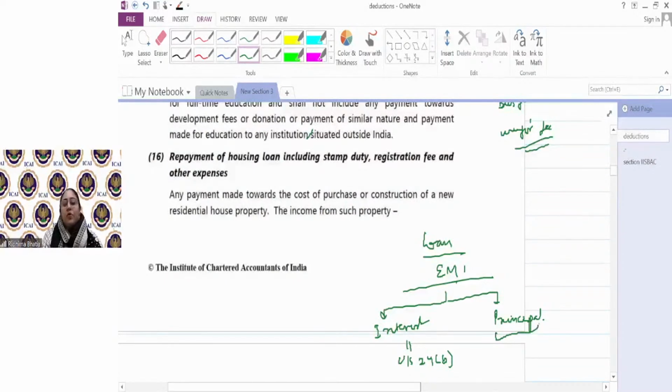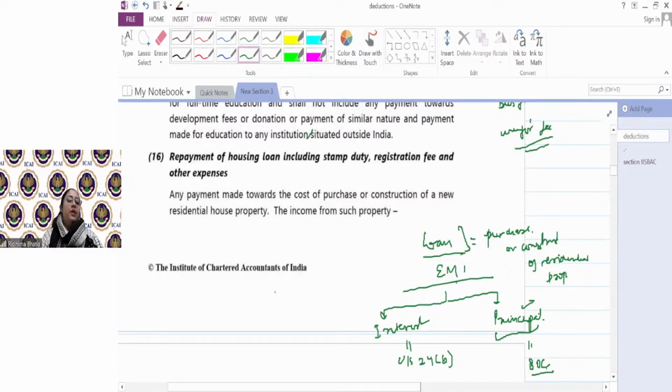Here the principal component I'm talking about, and the loan I'm talking about is either taken for purchase or acquisition or construction of what? Of a residential property. Whenever I've taken a loan for purchase or construction of a residential property, its principal payment is allowed as deduction under section 80C.